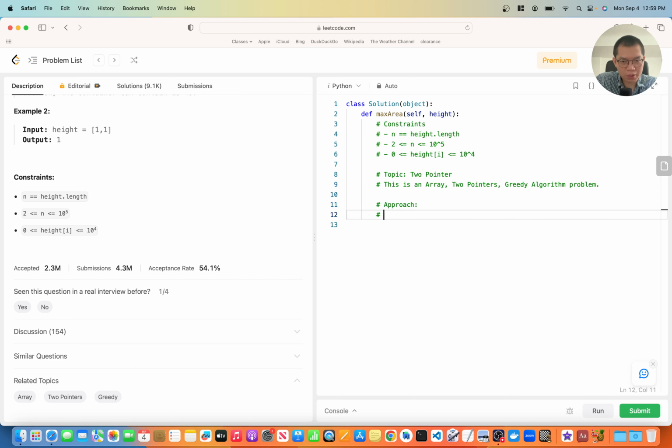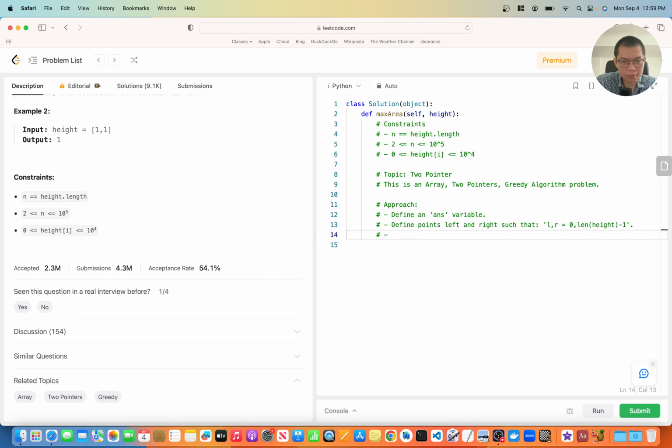The first thing that you should always do, that I always forget, is you have to define an answer variable, right? That's what you should always do. Define pointers left and right such that L, R is equal to, the left one is going to be set at 0 and the right one's going to be set at len(height) minus 1, right?